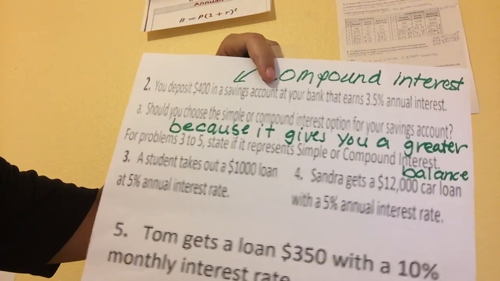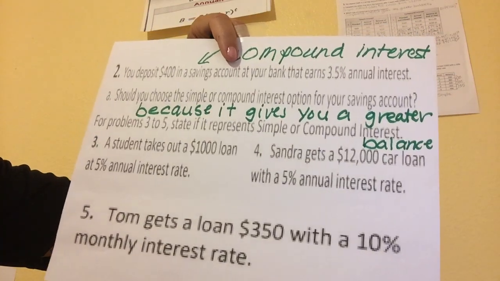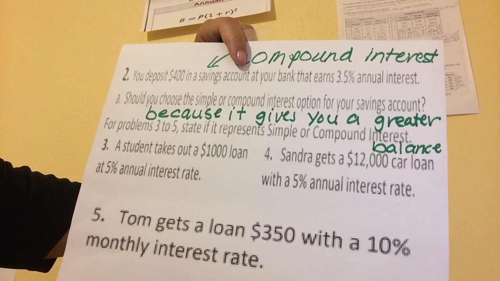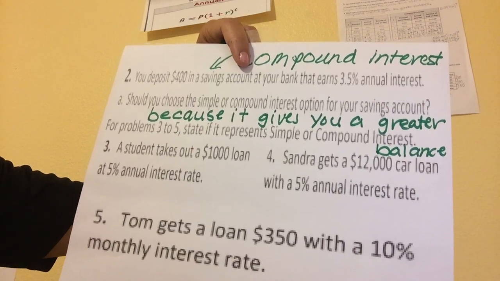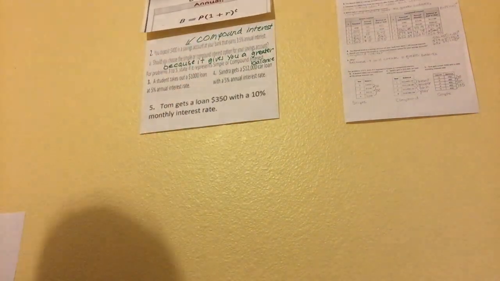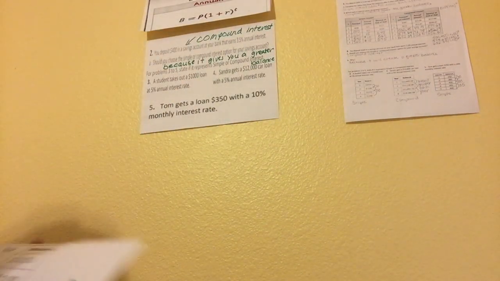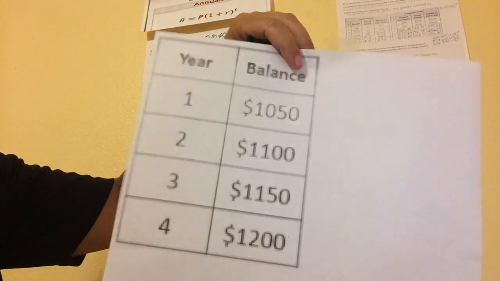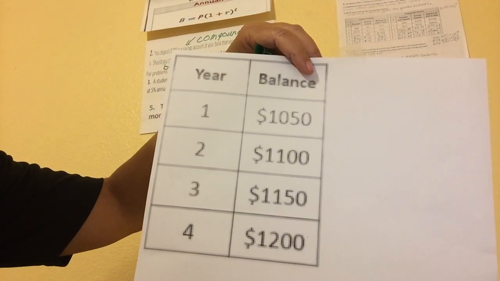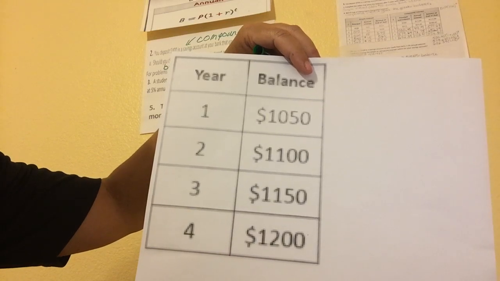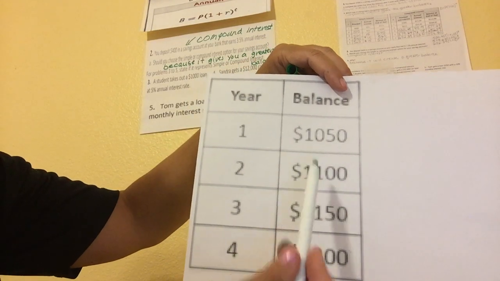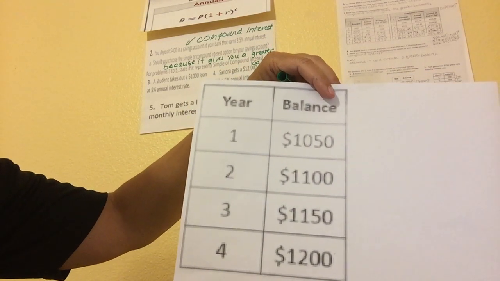for problems 3 to 5, state if it represents simple or compound interest. A student takes out, so let's look at the first chart. That'll be easier. So the first chart here, these are your numbers. It says a student takes out a $1,000 loan at 5% annual interest rate. So how can you tell if this is compound or simple?